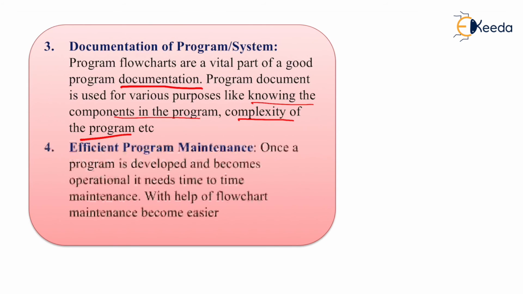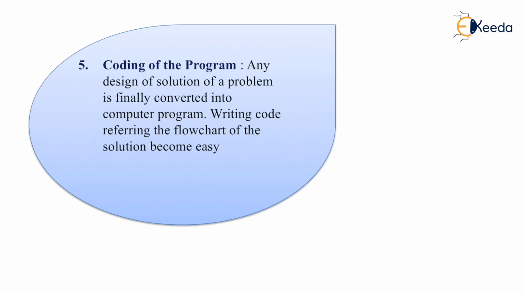Fourth is efficient program maintenance. Once a program is developed and becomes operational, it needs maintenance from time to time. So with the help of the flowchart, the maintenance work gets easier. Fifth is coding of the program.